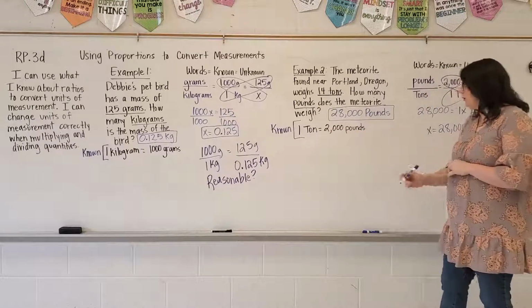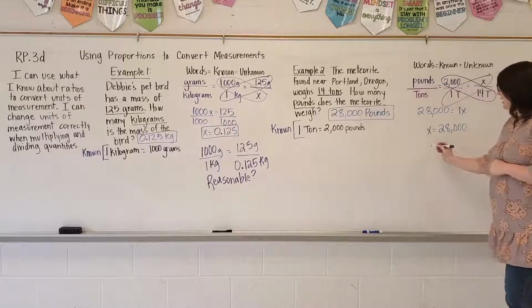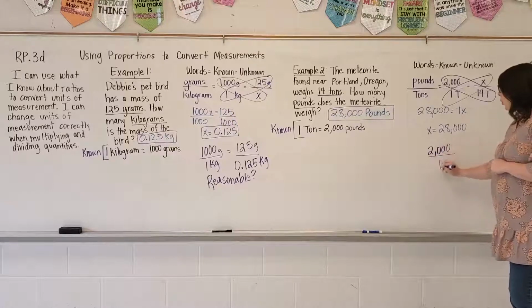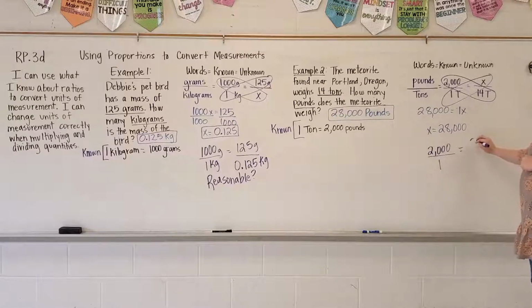Again, we can check for reasonableness by saying, if 2,000 pounds is equal to 1 ton, then 28,000 pounds is equal to 14 tons. And this makes sense because it is a reasonable answer.